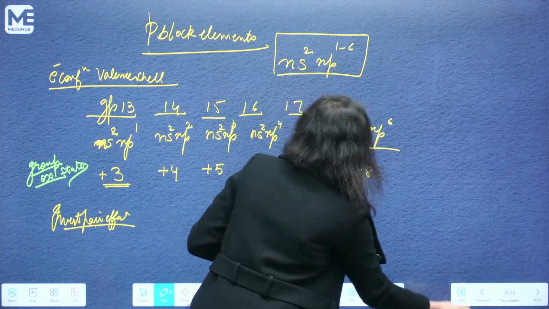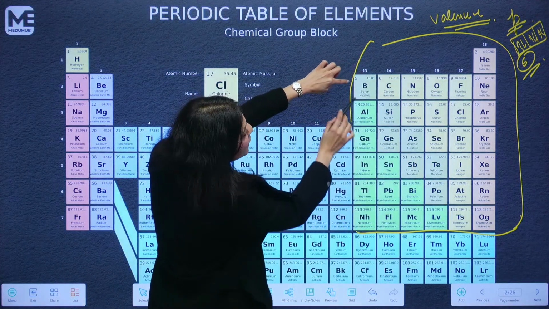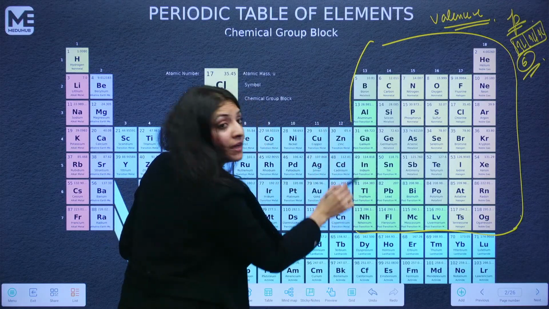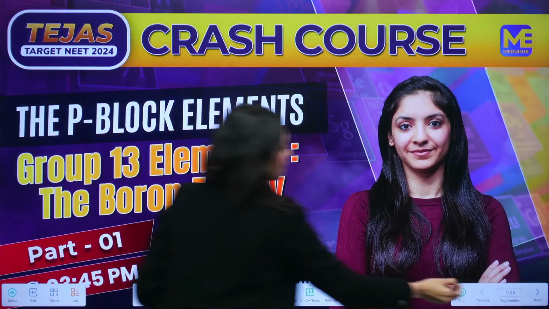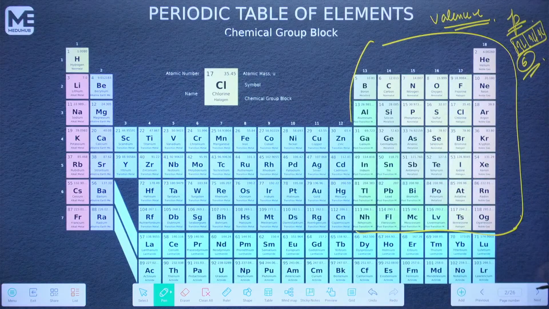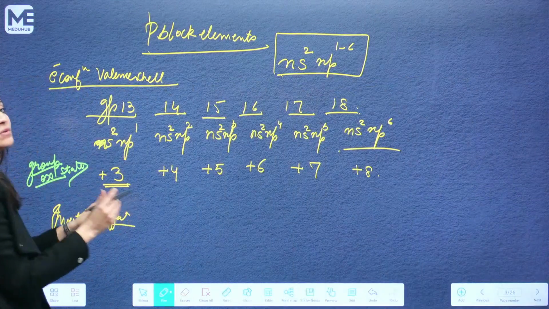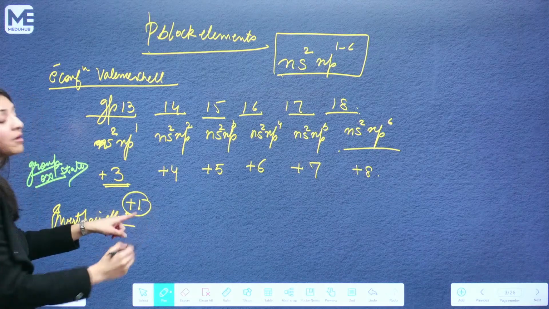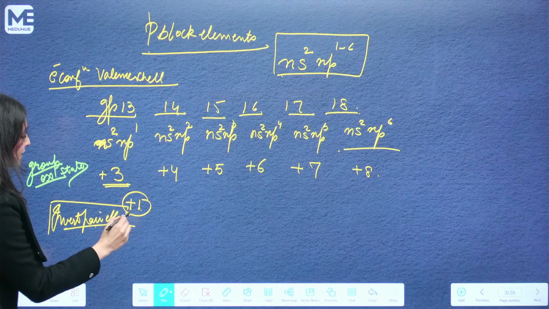So if we see in the periodic table, in group 13, the stability of the +3 oxidation state on moving down the group to thallium decreases. The reason behind this will be discussed later, but this means that the oxidation state which is 2 less than the group oxidation state, that means +1 here, becomes more stable as you move down to thallium. This is called the inert pair effect.